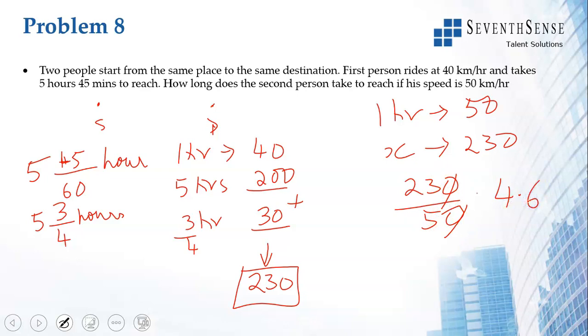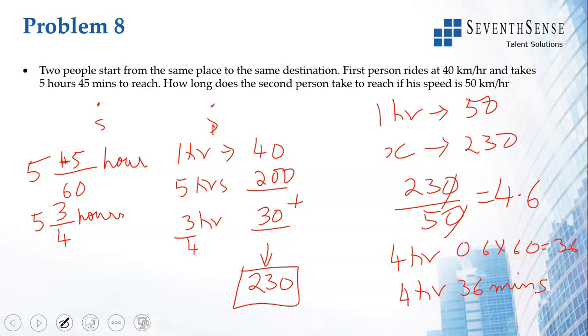If you divide, you get 4.6. What is 4.6? Don't say it as 4 hours 60 minutes. It is 4 hours plus 0.6 into 60, which is equal to 36. So it takes 4 hours and 36 minutes.